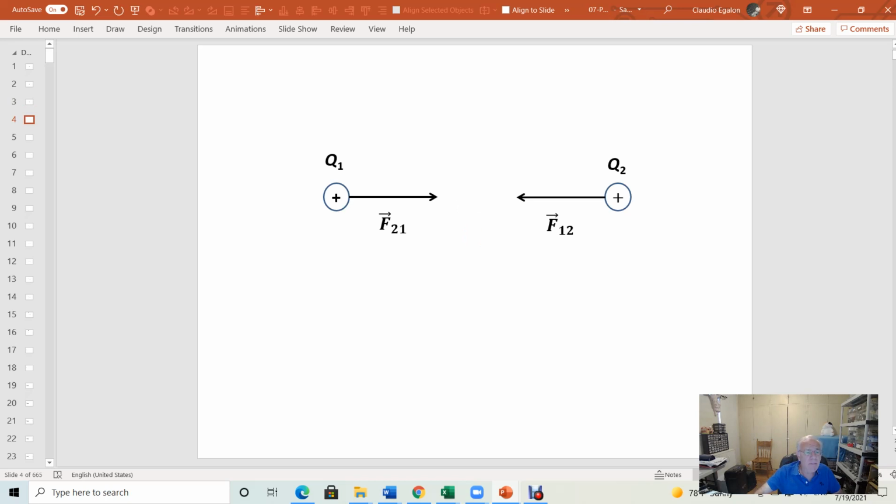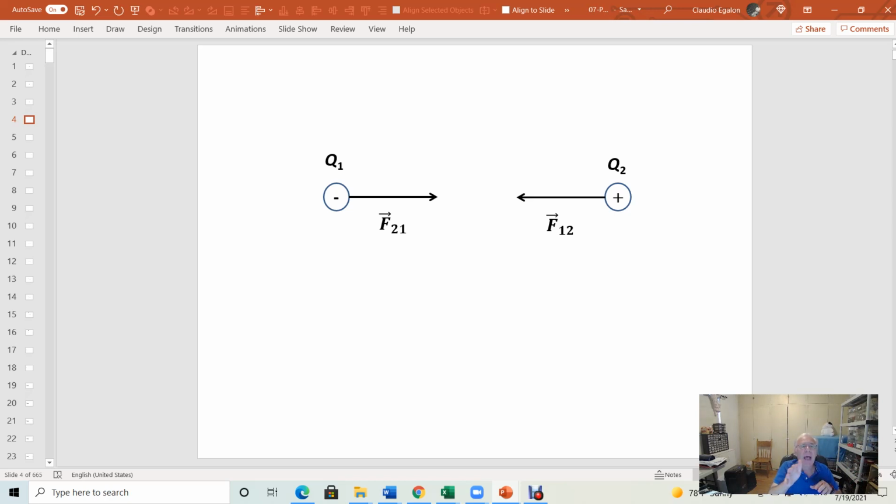And we do have an electric force between those charges that works in a way similar to the gravitational force. The only difference is that we do not have negative masses and positive masses. We have only positive masses, right? And charge is a quantity completely different from a mass.